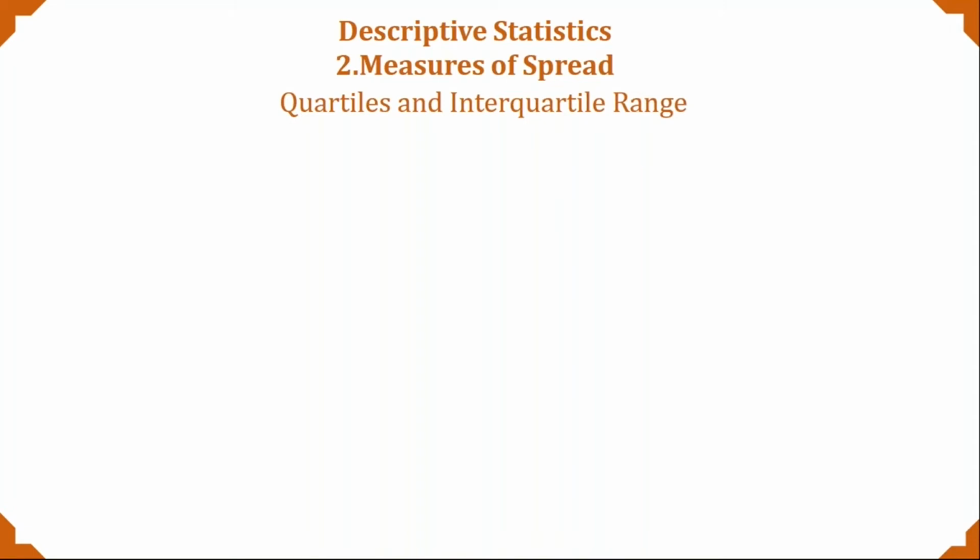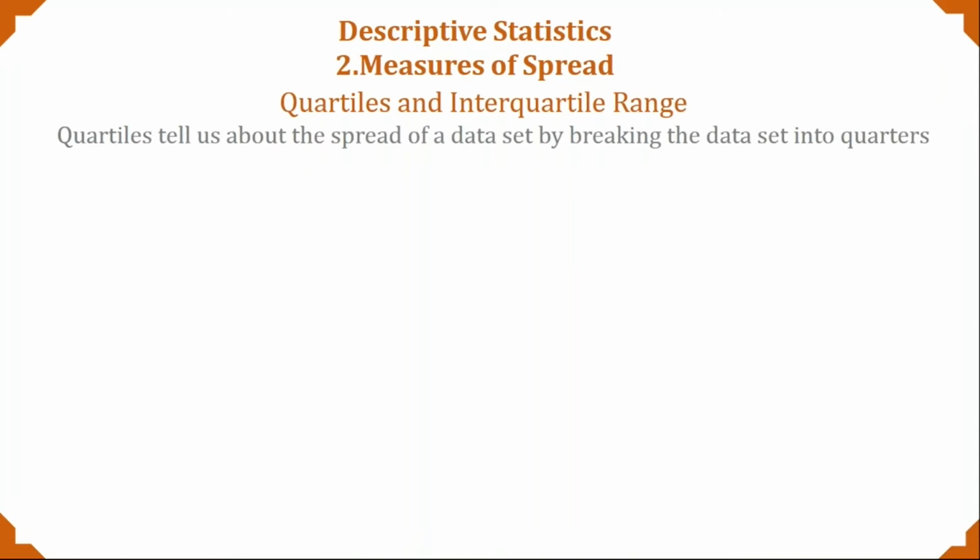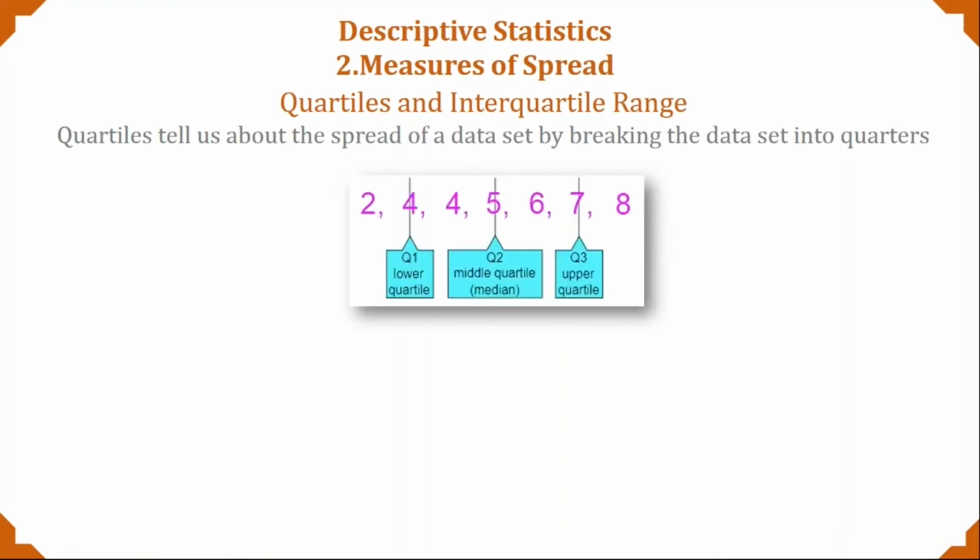So we are dividing the whole data set into quarters after we arrange the data. Everything should be arranged. If you don't arrange the data, it will be wrong when you are looking into the spread of the data. This is how it breaks your whole data. I'm just giving you a simple example here.